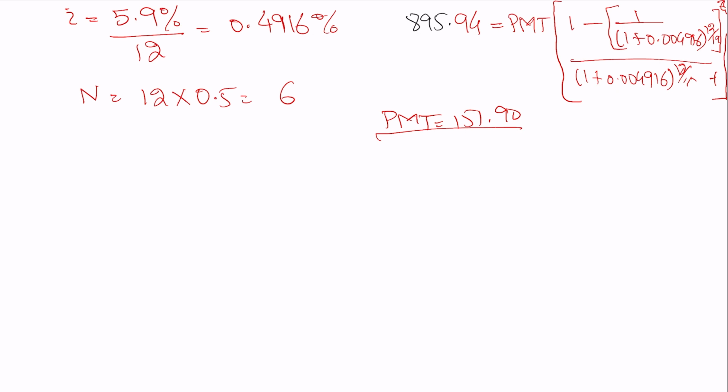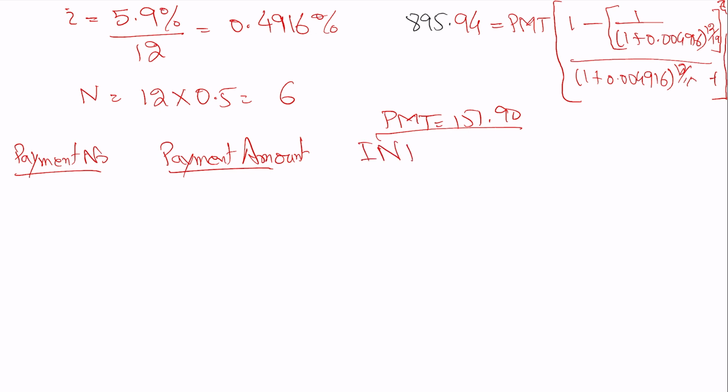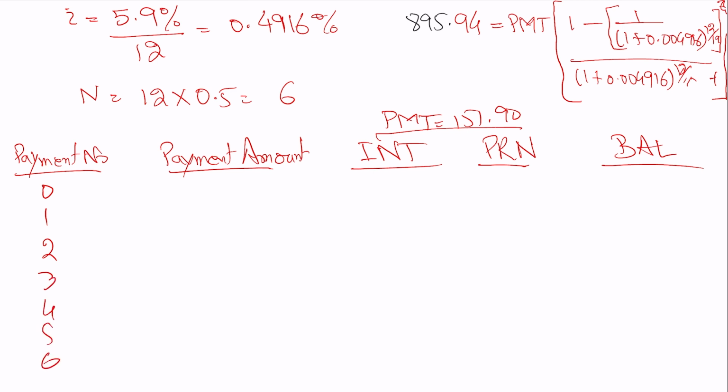Now the schedule. The first heading of our schedule is payment number. The second is payment amount. The third is interest portion, INT, and then PRN, and then we have a balance. For payments, we start from 0, 1, 2, 3, 4, 5, and 6.